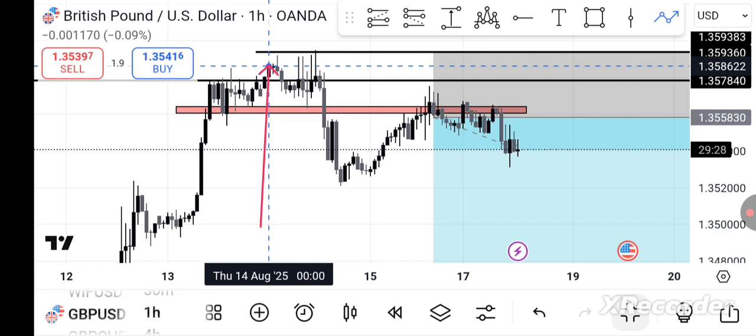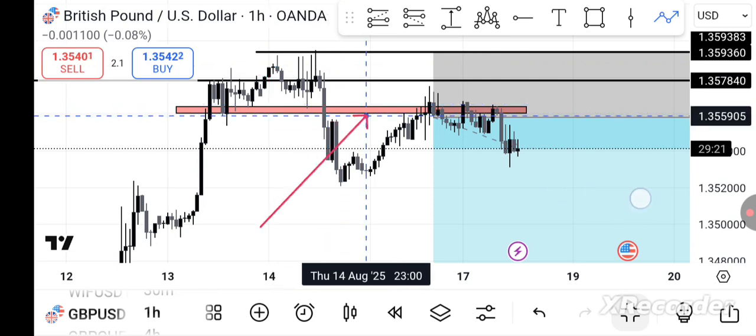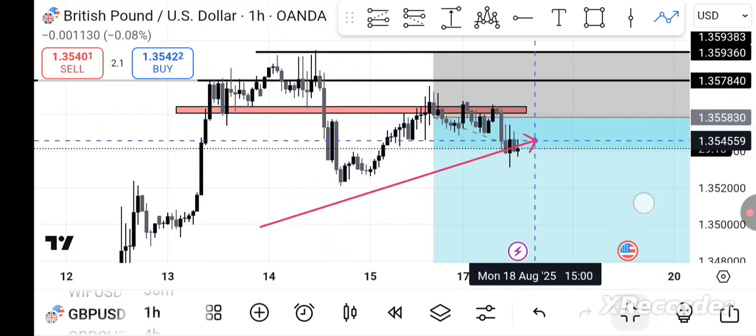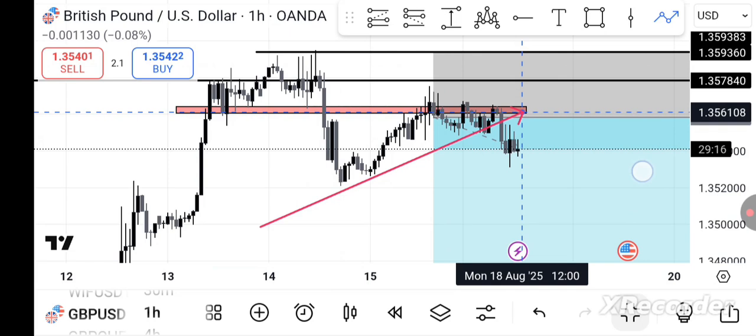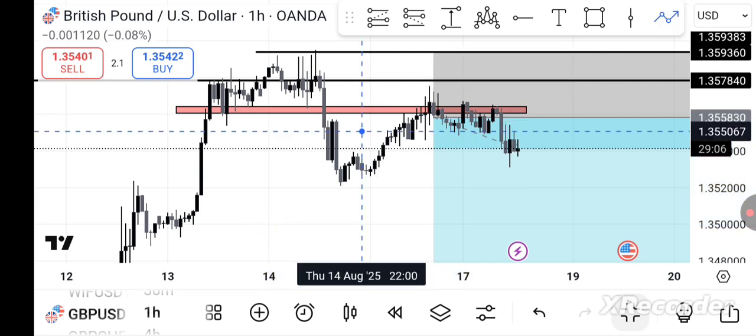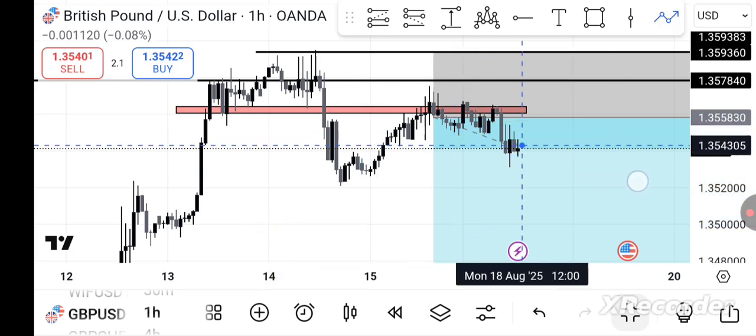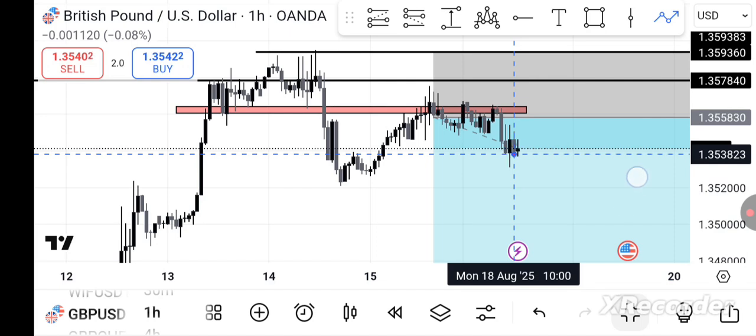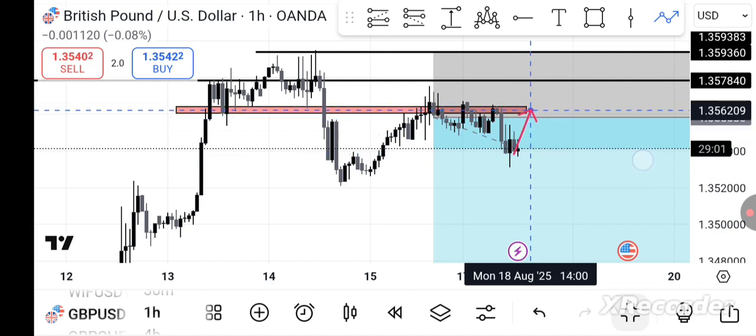If you also want to look for another entry, you can wait for this current trend to retest this resistance level. Let me show you. You can wait for it to retest this level here, and look for your entry and sell.